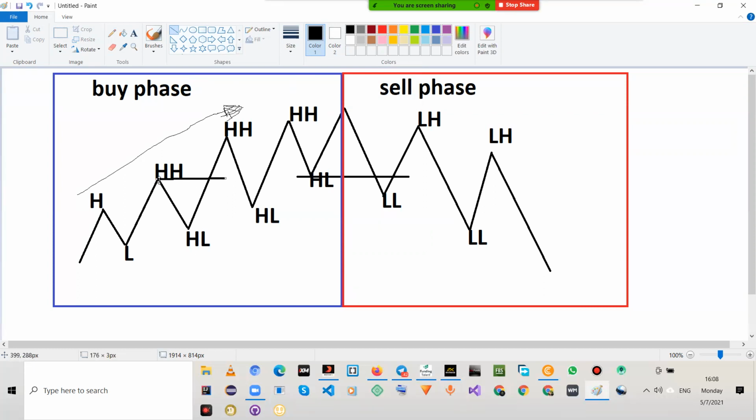So once this higher high has been broken through with price like this, the price is breaking this high here, then going into another high.